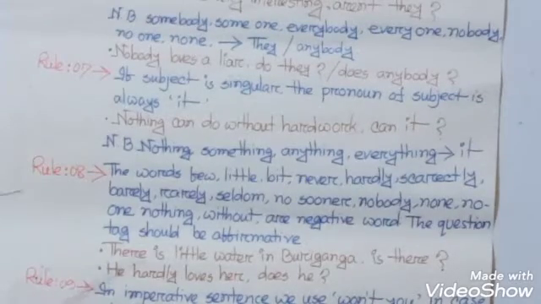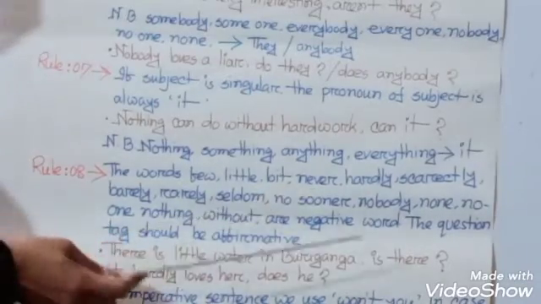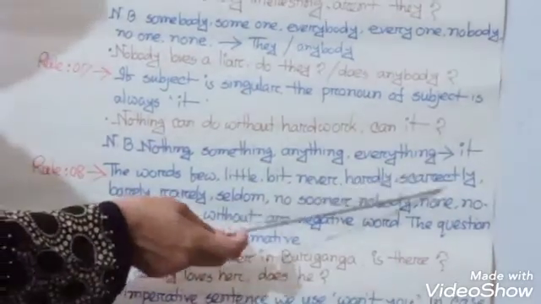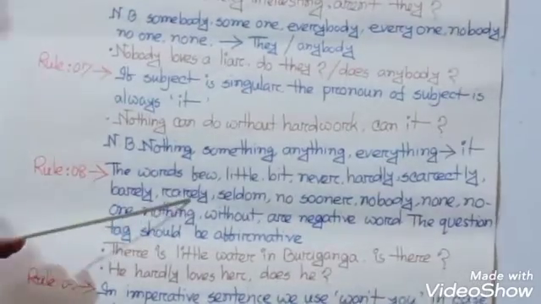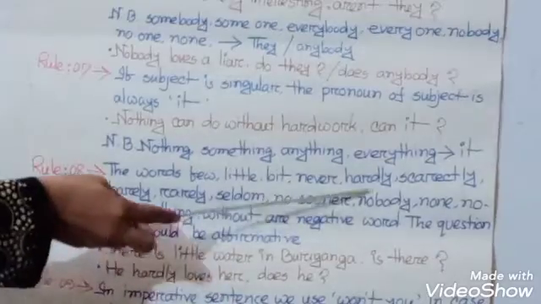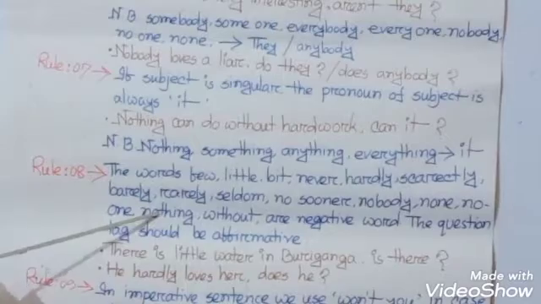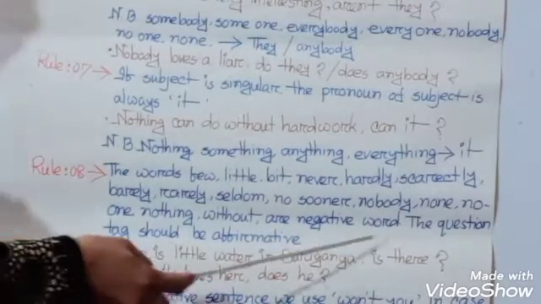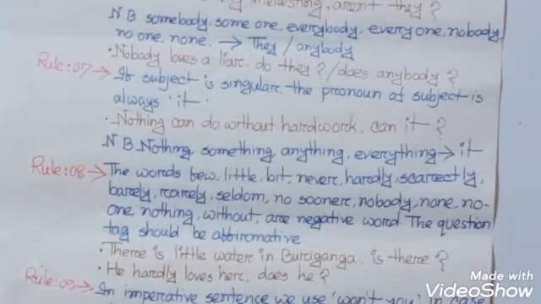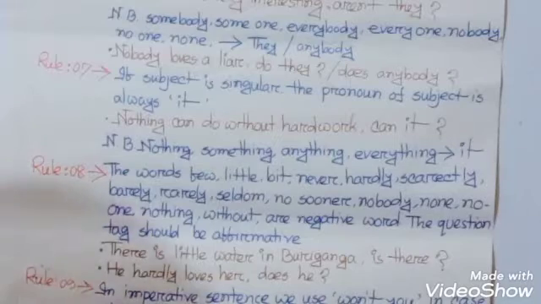The words few, bit, never, hardly, scarcely, barely, rarely, seldom, no sooner, nobody, none, no one, nothing, without are negative words. So, the tag should be affirmative. Dear students, you must memorize these words.